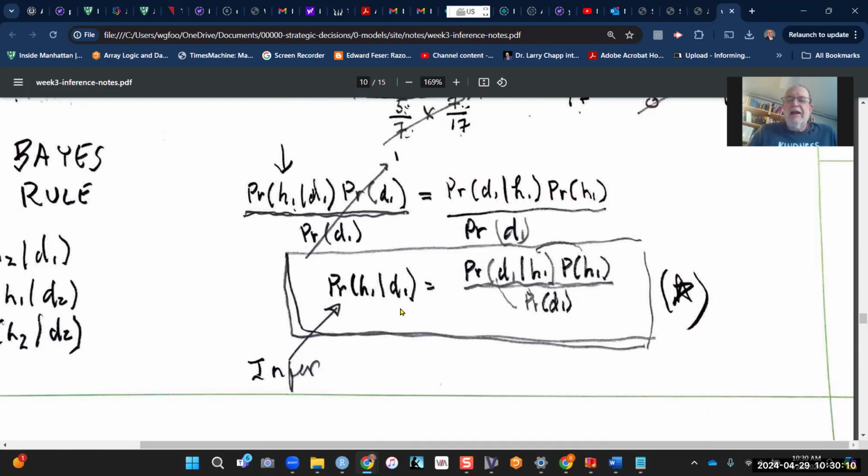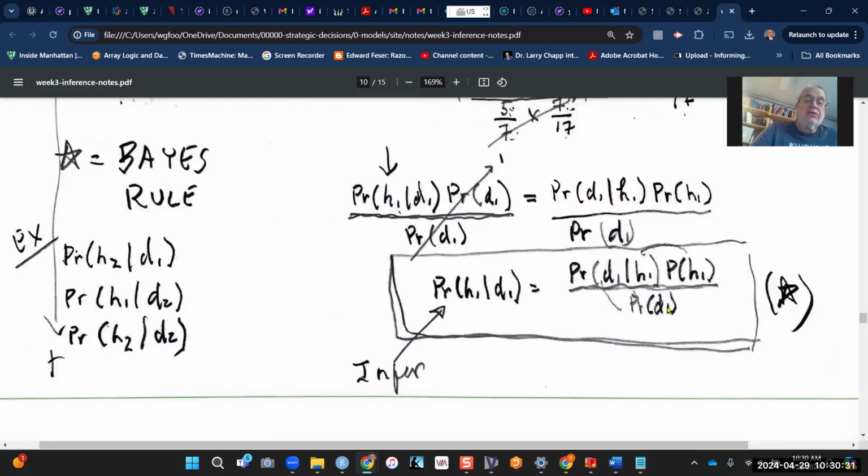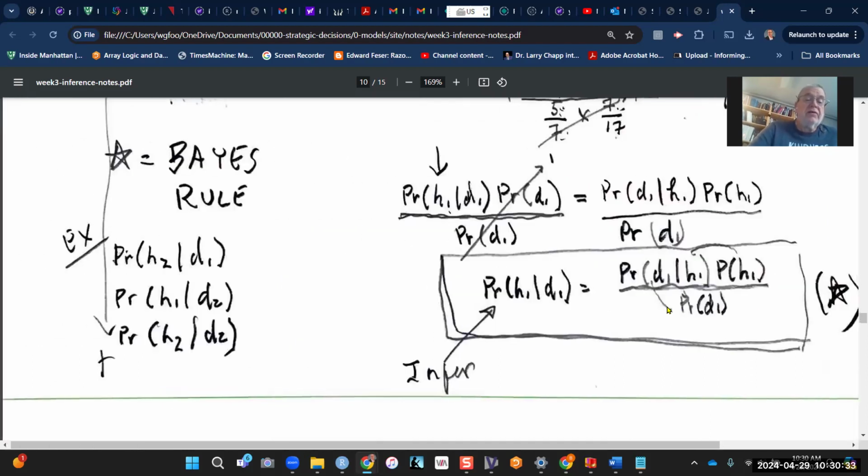That's what we've done. But that implies, on the other hand, well, we still have this probability of D1 given H1 times the probability of H1, often called the base rate, divided by the probability of D1. We put a star next to it because we have found our rule. This is called Bayes' rule. It also allows us to update this.